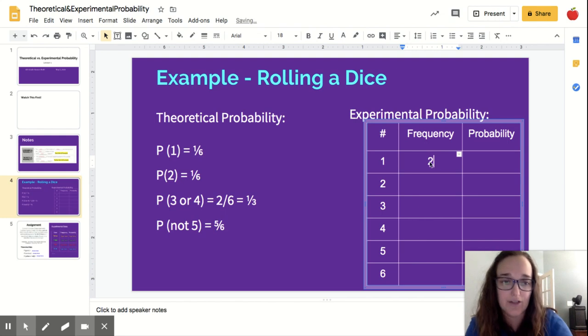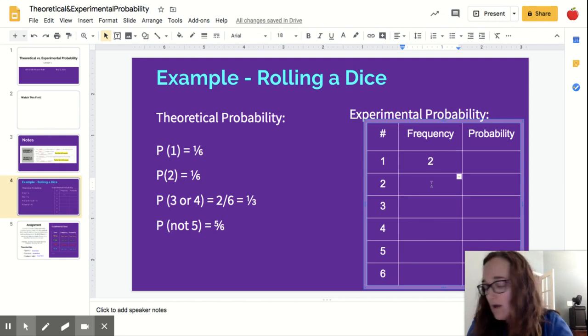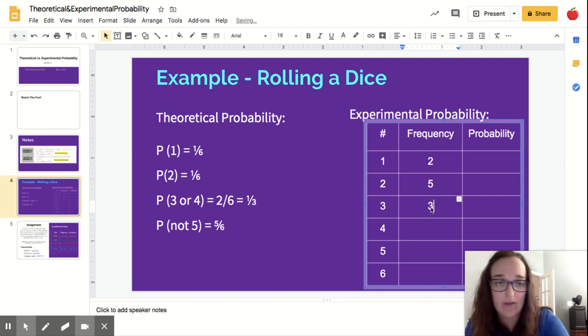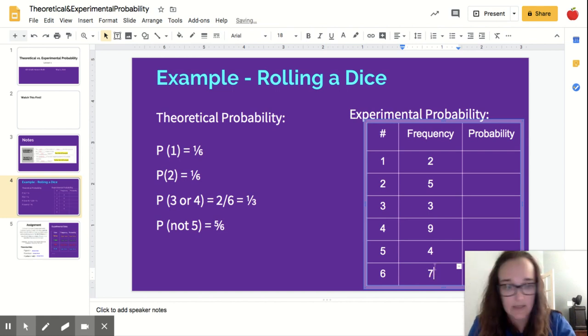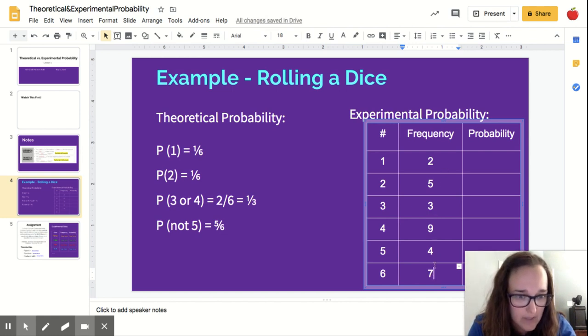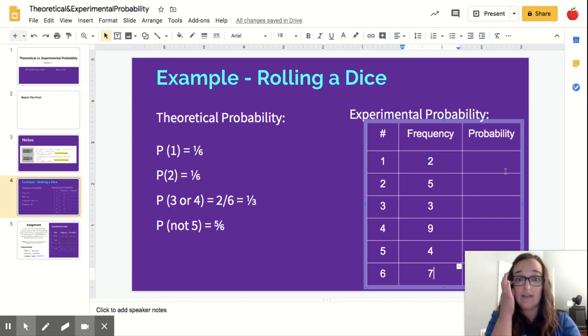And I got 2 1s, I got 5 2s, I got 3 3s, I got 9 4s, I got 4 5s, and I got 7 6s. So all that should add up to 30. Yes. Okay. So all that adds up to 30. I rolled it 30 times.